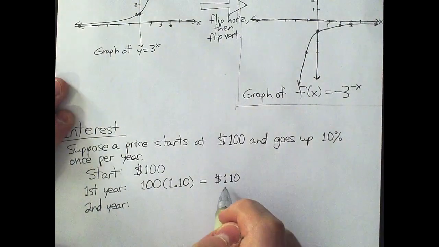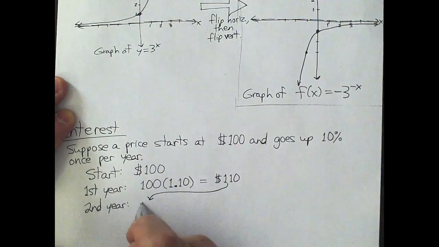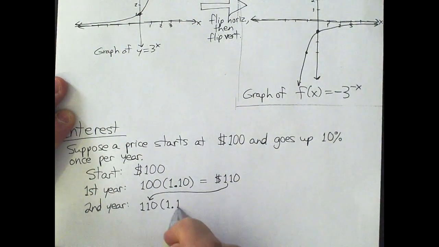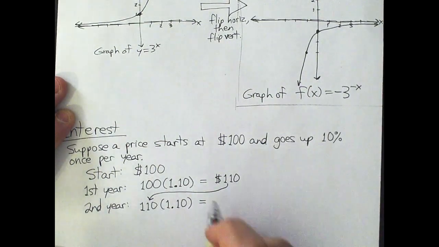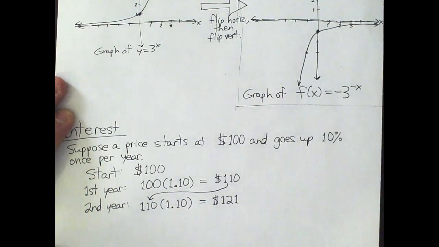So what I'm going to do is take this 110 and multiply it by 1.10 to make sure that it goes up 10% of itself, and that's going to get me an answer of 121. So at the end of the second year, the new price is $121.